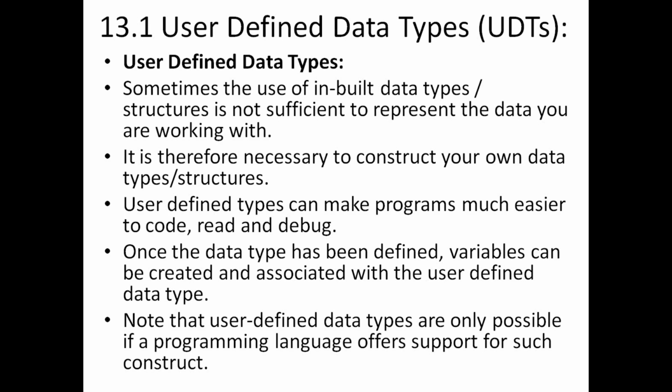Because as you know, sometimes built-in data types such as integer, char, real, or in programming languages commonly known as float, or something like string, are not enough. You are trying to store data that consists of multiple data types or specific values only. For that you cannot rely on your built-in data types. You have to make your own data types.